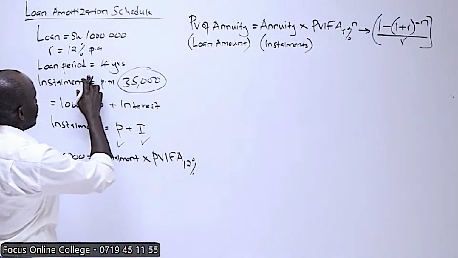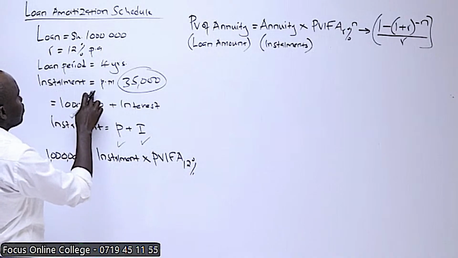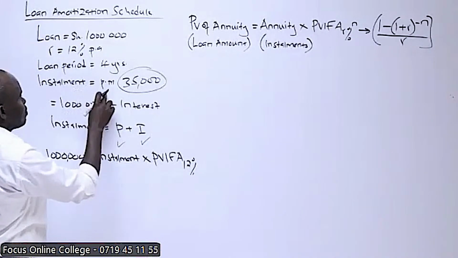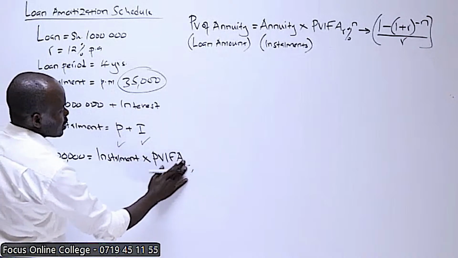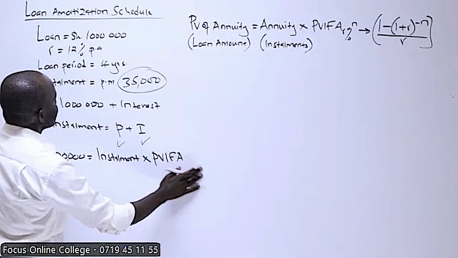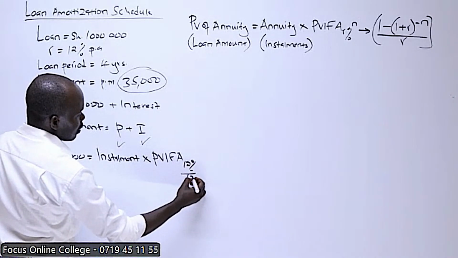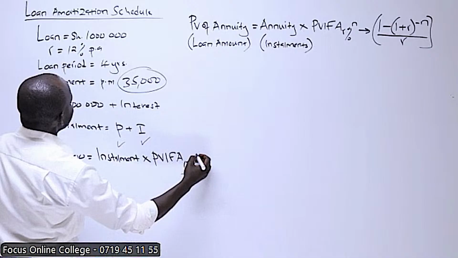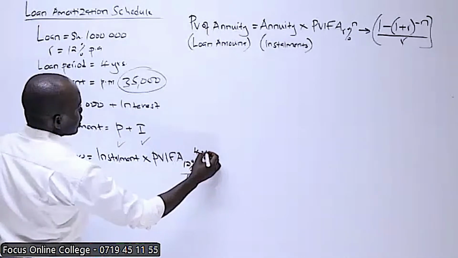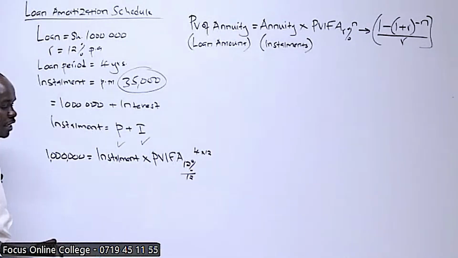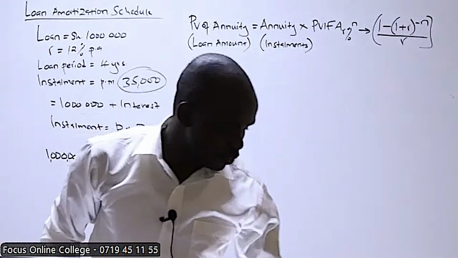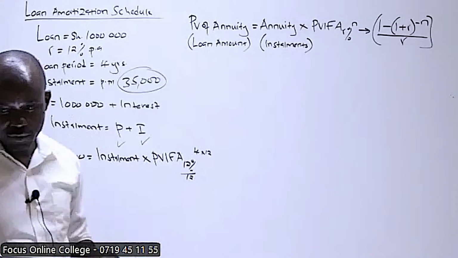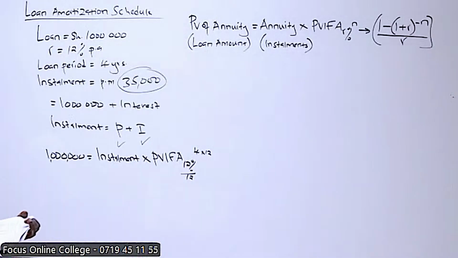No, here the payment is being done monthly. When the installments are monthly installments, you must adjust this. So this will be 12% divided by 12. Then the number of periods here, 4, you say times 12. You get 48 months. But let's just have a past paper question for this. Any question before we do a past paper question?